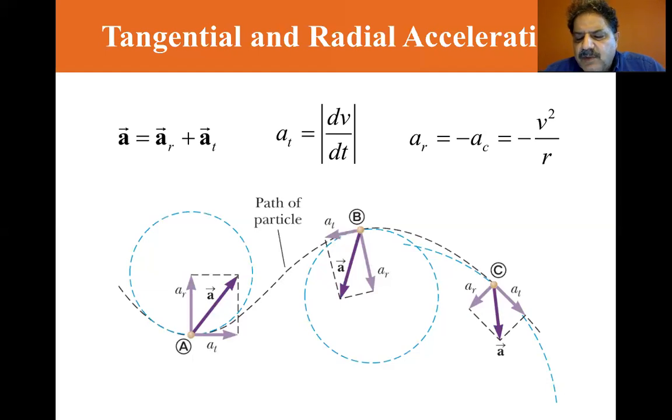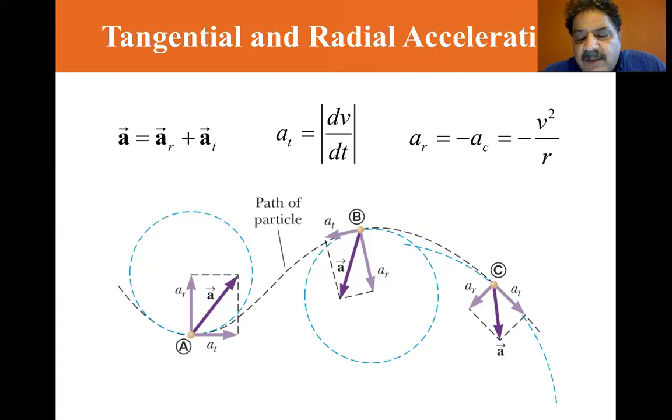Even in situations in which the particle moves along a curved path with varying speed, we can still use the centripetal acceleration equation because it gives the instantaneous centripetal acceleration at any time. The negative sign in the last equation indicates that the direction of the centripetal acceleration is toward the center of the circle representing the radius of curvature. The direction of it is opposite that of the radial unit vector r, which always points away from the origin at the center of the circle.